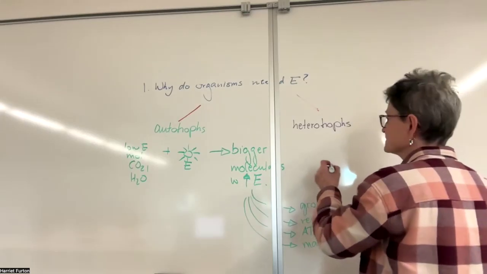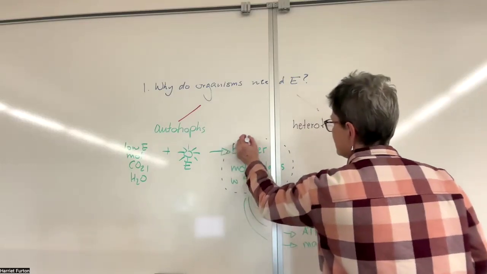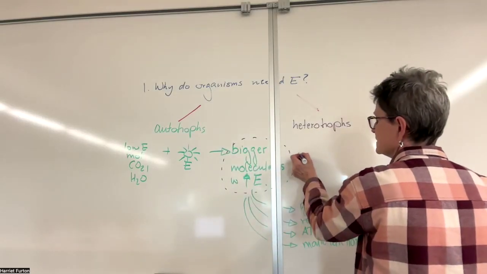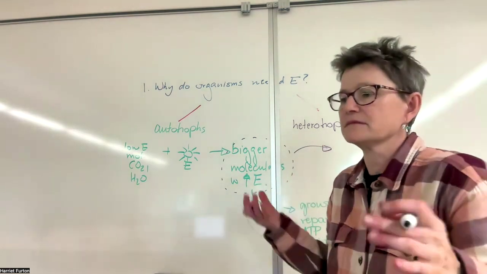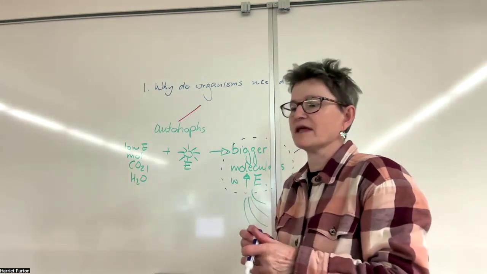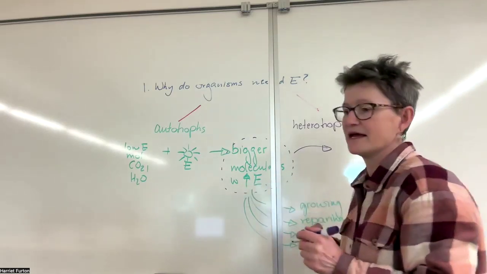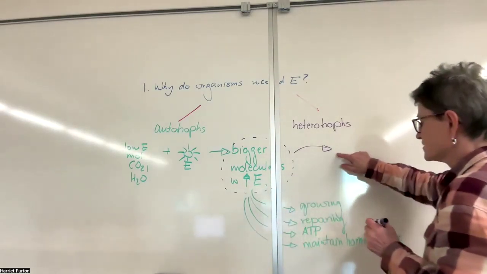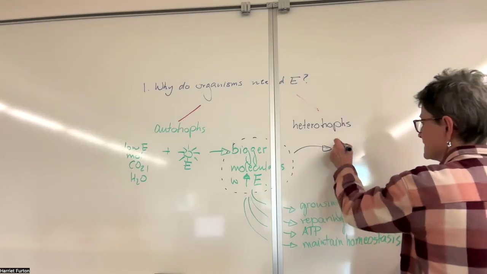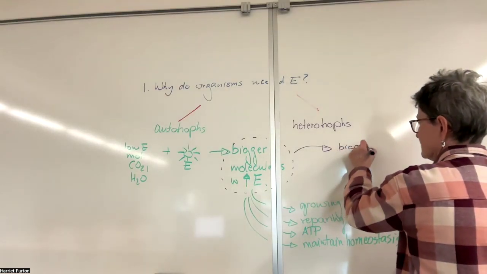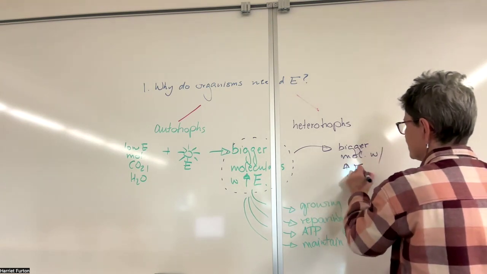So heterotrophs are going to eat the bigger molecules with energy, or they eat each other, okay, the carnivores, for example, and the omnivores. So we have the bigger molecules with the high potential chemical energy. So these heterotrophs are also using these bigger molecules with high chemical potential energy.